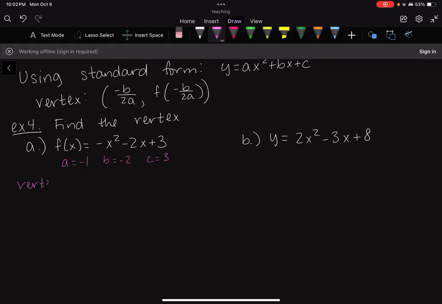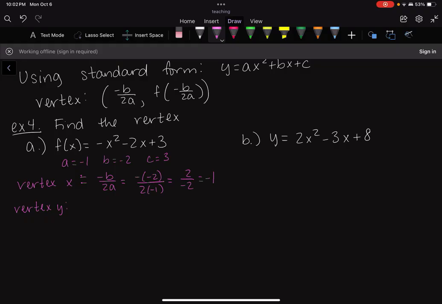I like to write vertex X, and that is equal to negative B over 2A. So it'll give me -2 over 2 times -1. So 2 over -2, which is -1. So that's the x of my vertex.